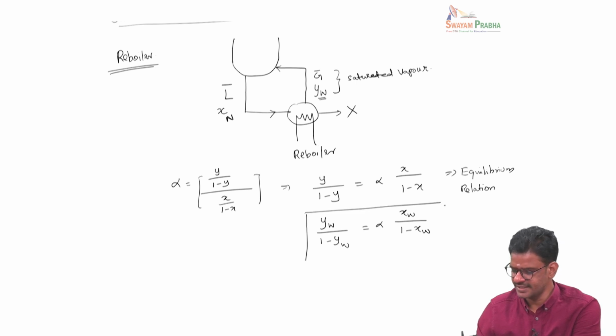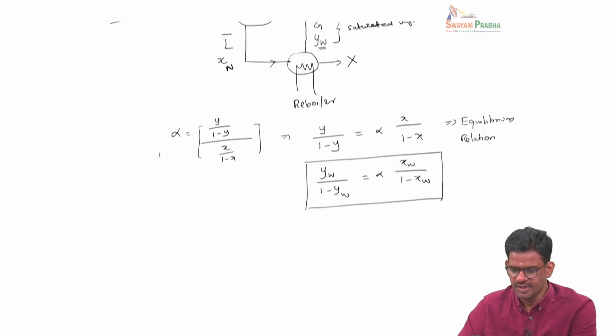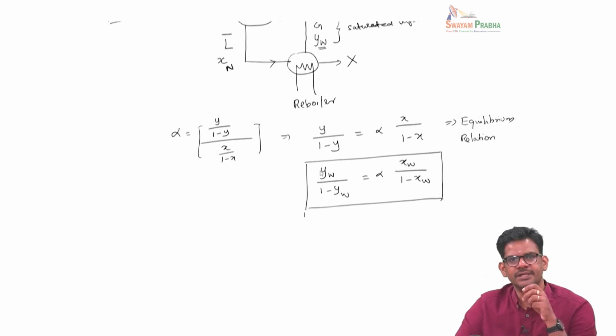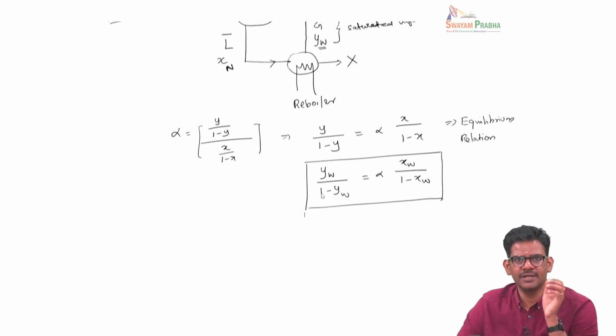This condition is satisfied at the reboiler. Remember, YW is the composition of the saturated vapor and XW is the composition of the last droplet present in the system. We said that the reboiler vaporizes all the liquid into vapor. However, this is at the dew point, so you have the last liquid droplet, and the rest is vapor.